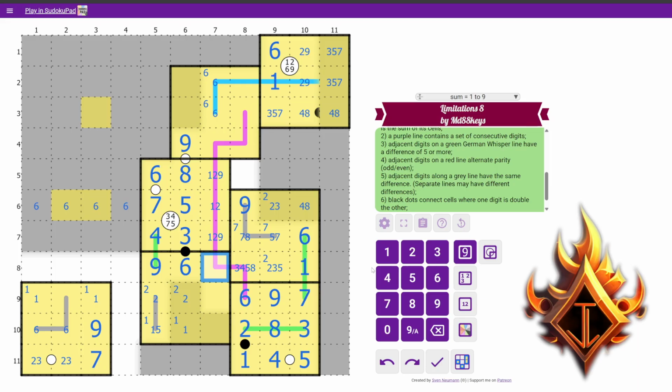Alright, pink line. 2, 3, not 2. 3, 4, 5, 7, 8. Oh my gosh, there's still that many? That's crazy.